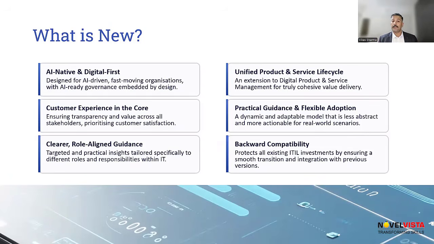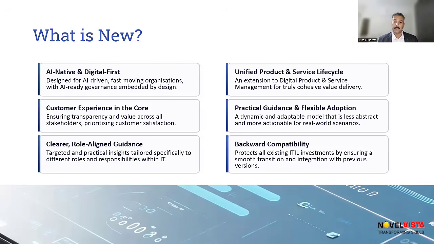It provides unified product and service lifecycle, an extension to the digital product and service management for truly cohesive value delivery. Customer experience is at the core, where we are ensuring that there is more transparency and value across all stakeholders and prioritizing customer satisfaction.